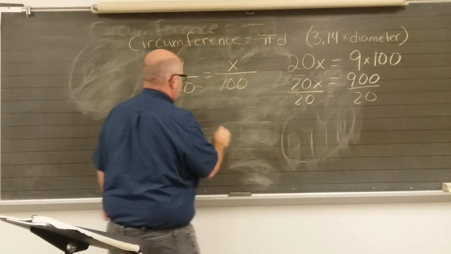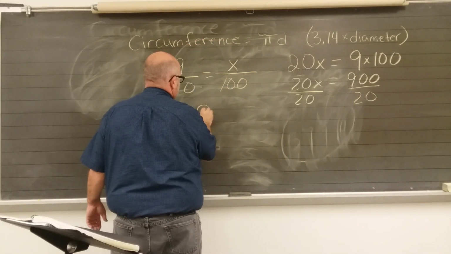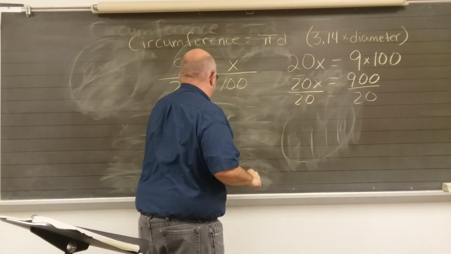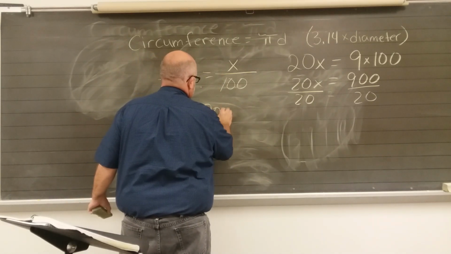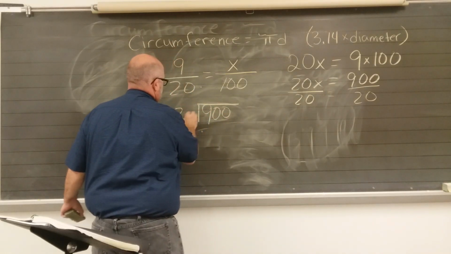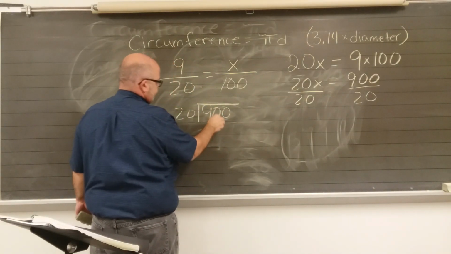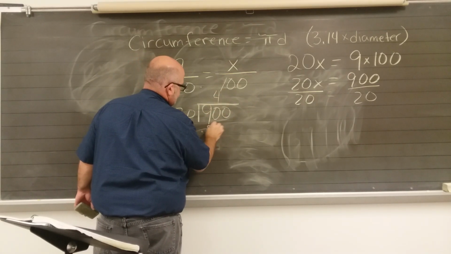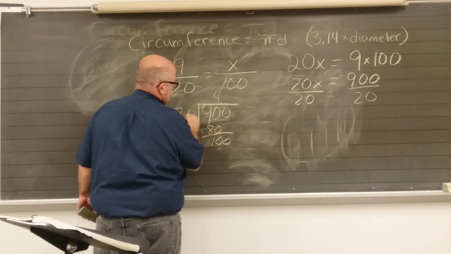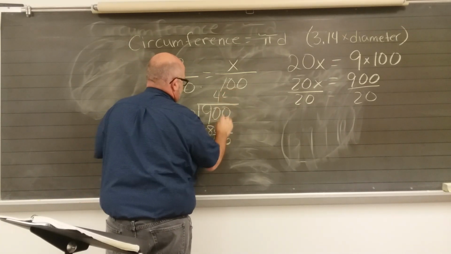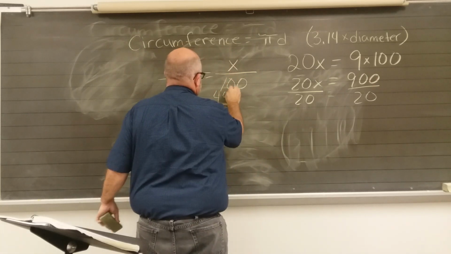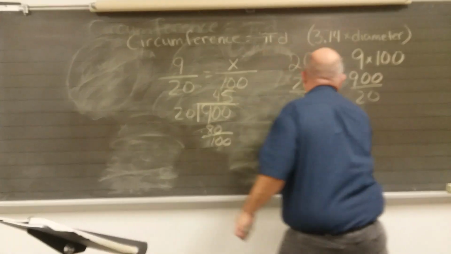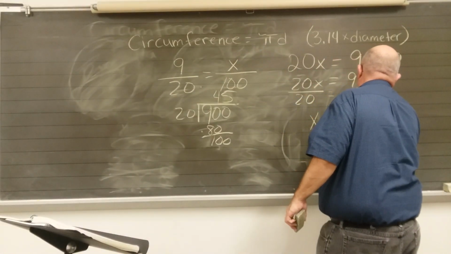Do the math. 900 divided by 20. 20 into 90, 4, 80, 100, 20 into 100, 5. 45. Oh my word, 45. Your answer is x equals 45%.